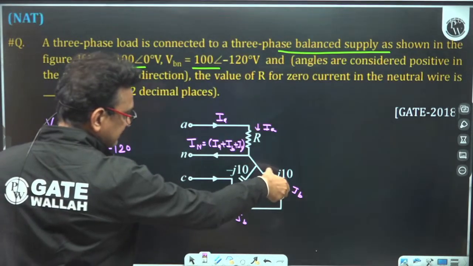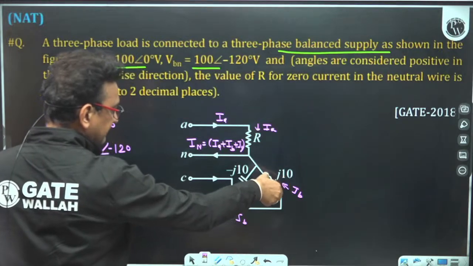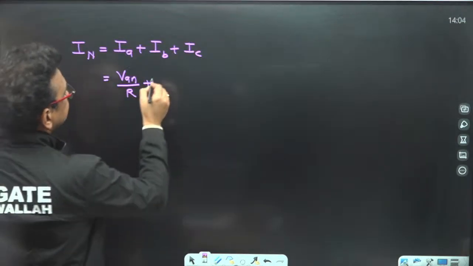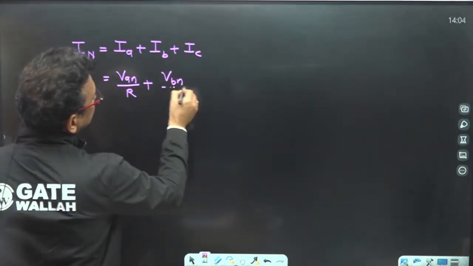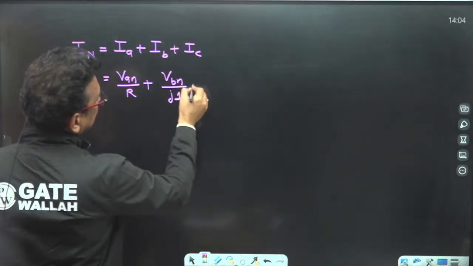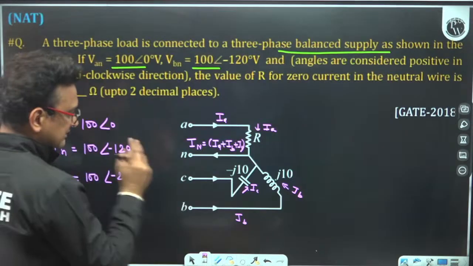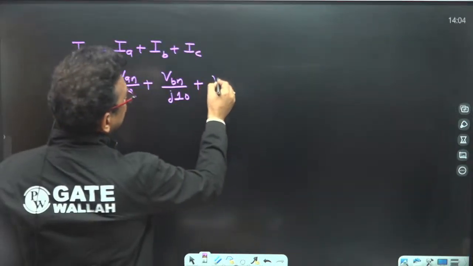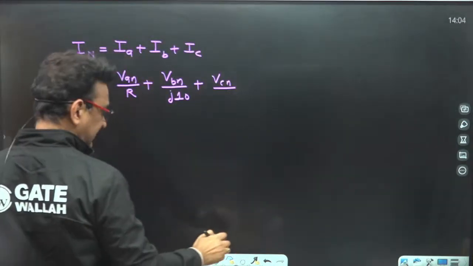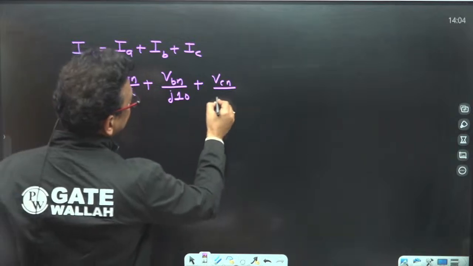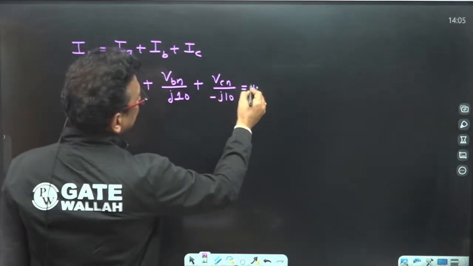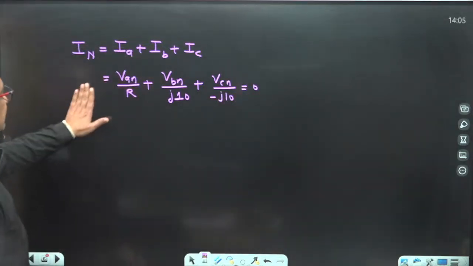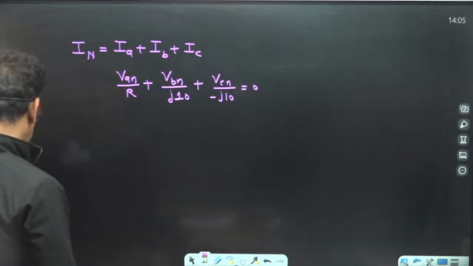The B phase current is the voltage VBN divided by j10. And the C phase current is the voltage VCN divided by minus j10. This is equal to 0. Now put in the values of VAN, VBN, VCN.